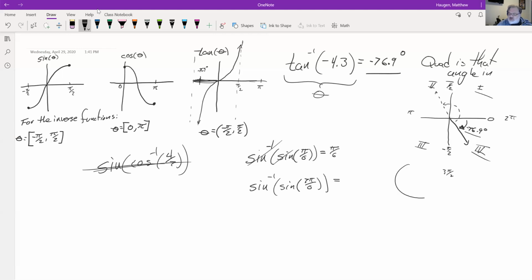It's only going to be able to give us an answer that yields the same result as 7 pi over 6, which is -1/2, by the way, but lives in quadrant 4, the first negative part of quadrant 4, because that's our restriction. So it's not going to give us back the 7 pi over 6. It can't even give us the 11 pi over 6, because that's in the positive rotation way out here somewhere. It has to give us that negative pi over 6 back.